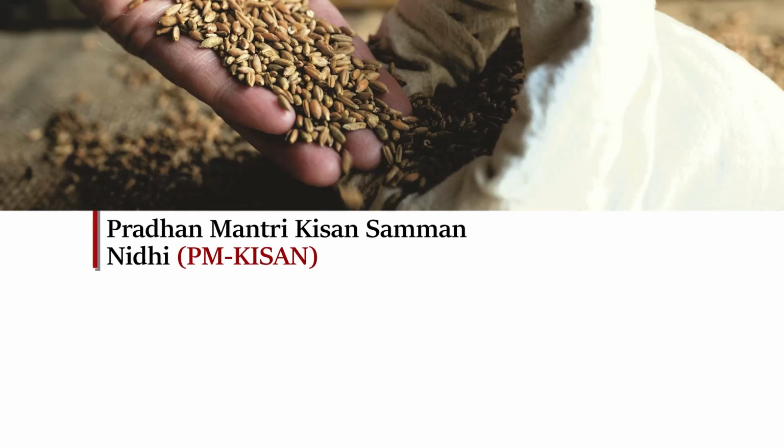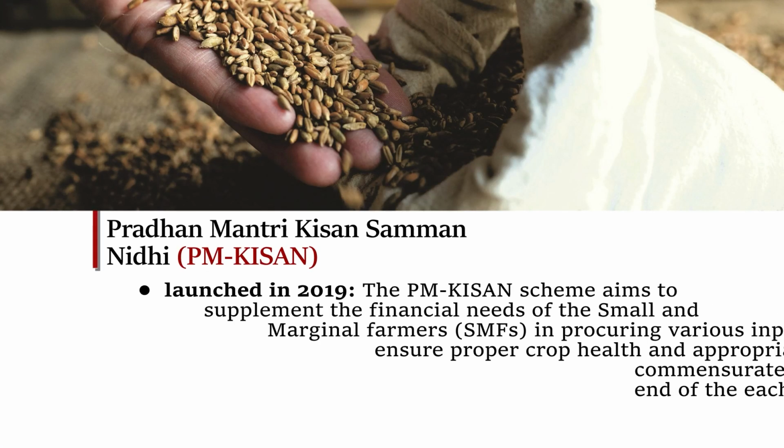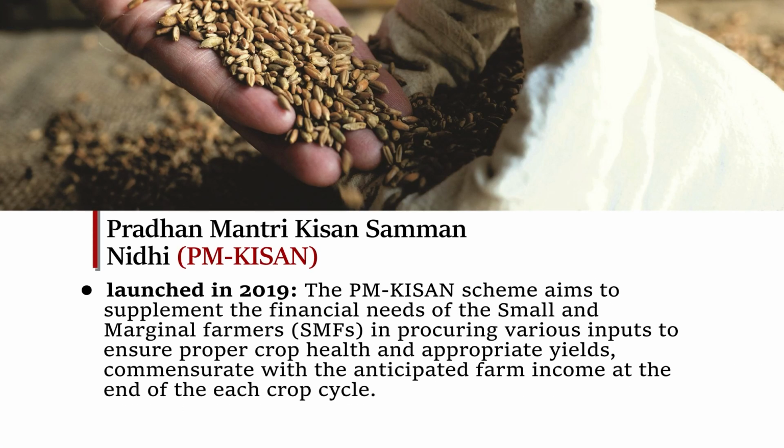Then another scheme we have is Pradhan Mantri Kisan Samman Nidhi, PM Kisan, that was launched in 2019 with the aim to supplement the financial needs of small and marginal farmers for procuring various inputs to ensure proper crop health and appropriate yield, commensurate with the anticipated farm income at the end of the crop cycle.